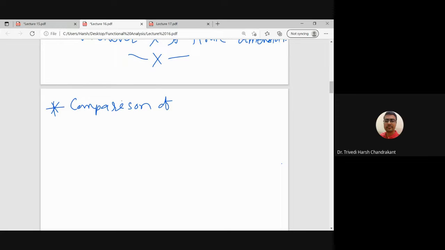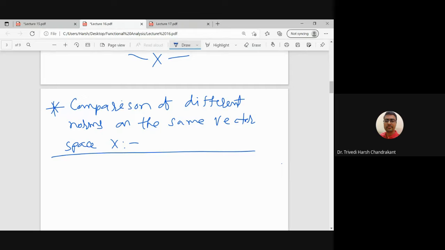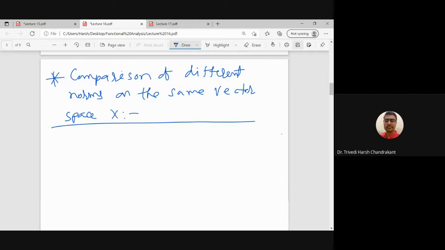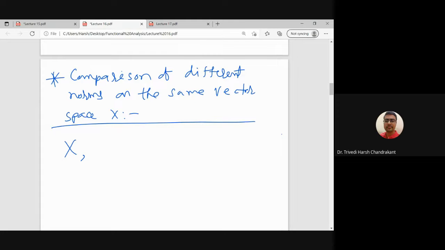Comparison of different norms on the same vector space X. If we have a vector space X, and two norms defined on it, first we define this norm on X, and the corresponding metric is d(x, y) equals norm of x minus y.